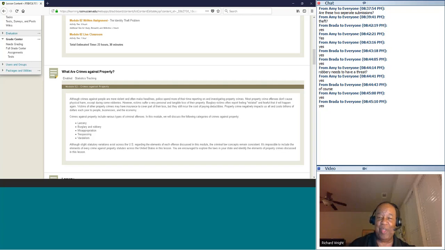So if you use a bat and you threaten to hit that person with that bat if they don't give you the purse, is that armed robbery? Yes. How about if you're going to hit them with a piece of thread? Is that armed robbery?